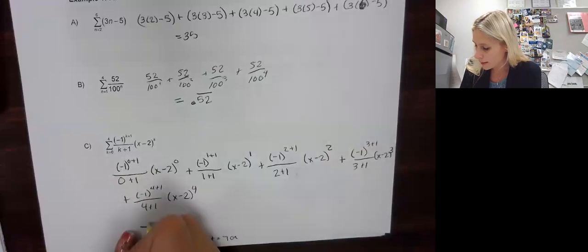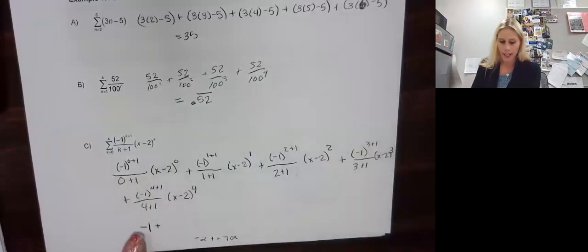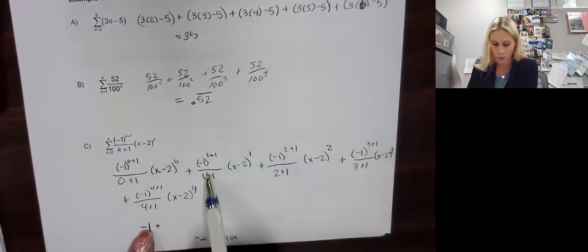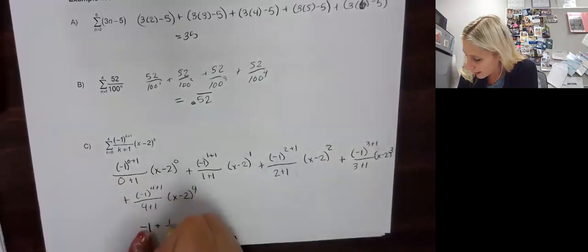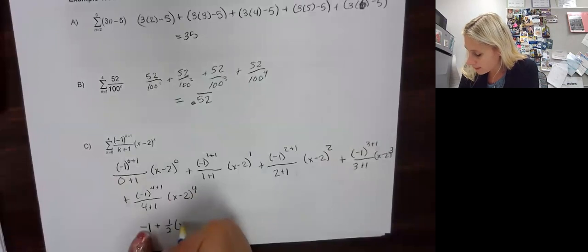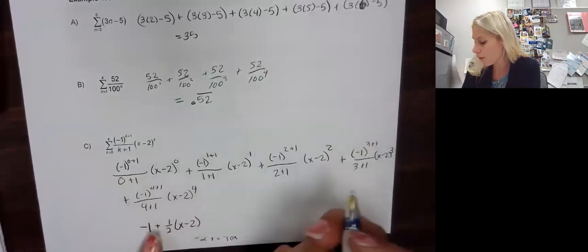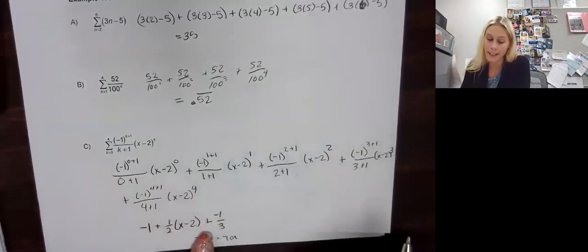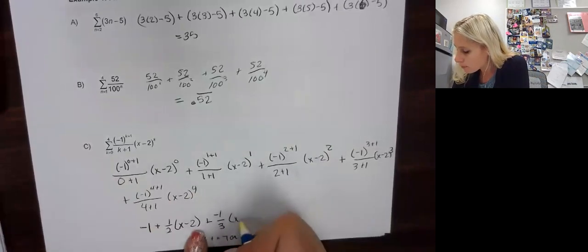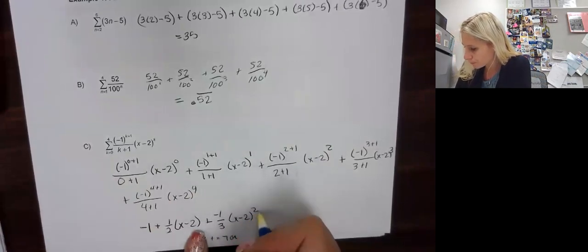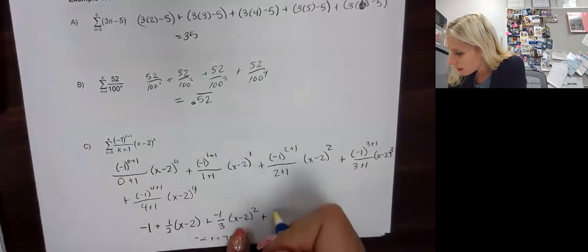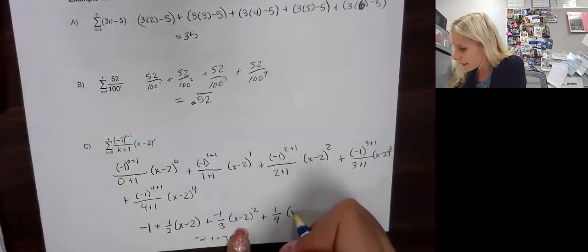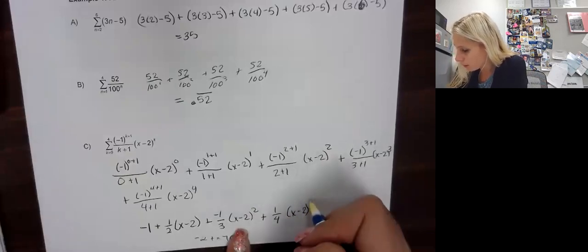So negative 1 plus, and if we evaluate that out, we get 1/2 times X minus 2 to the first, but I don't have to write that in, plus negative 1/3, so I can say minus if I want, X minus 2 squared, plus 1/4 times X minus 2 cubed.